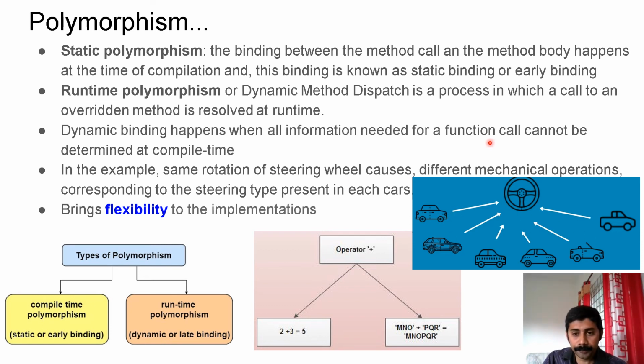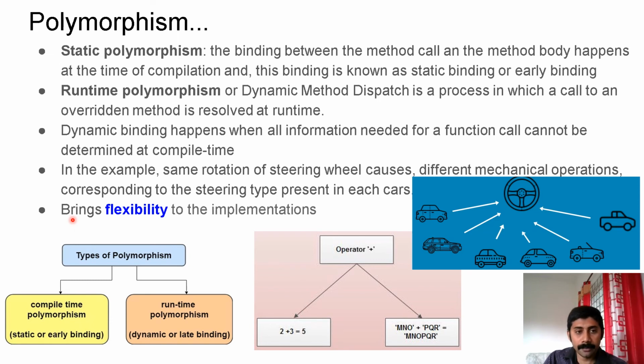Like in the case of the draw method, we were invoking the same draw method, but the effect of that draw method varies from class to class. One class was causing it to draw a triangle, the other class was causing it to draw a rectangle, and so on. So polymorphism brings flexibility to the implementations.